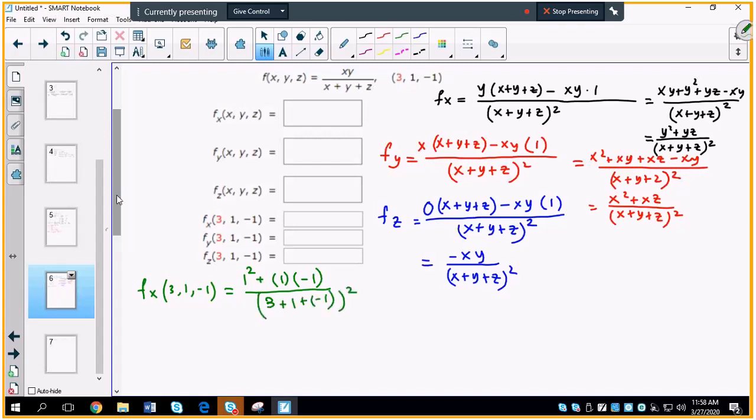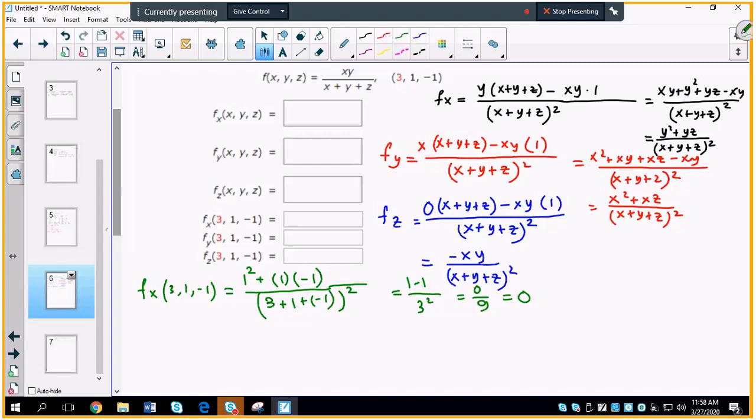And I will just execute the bottom only once because the bottom in all 3 of them are the same. So this becomes equal to 1 minus 1 on top over the bottom is 3 squared, which is 9. So I get 0 over 9, and that is equal to 0.